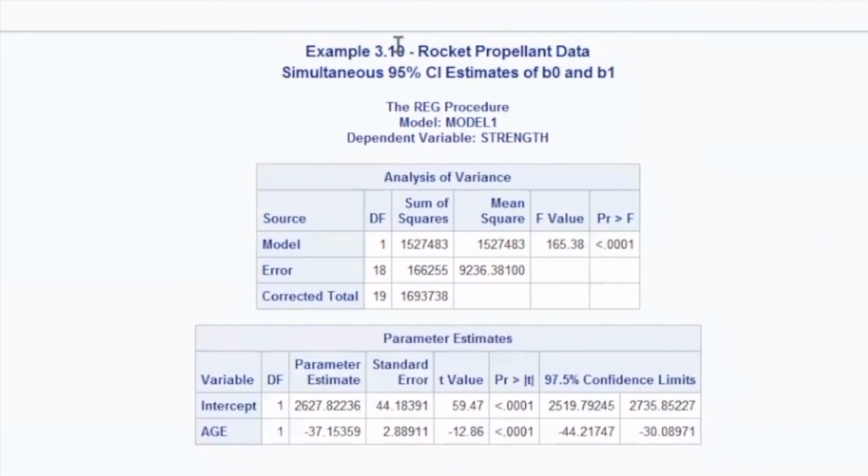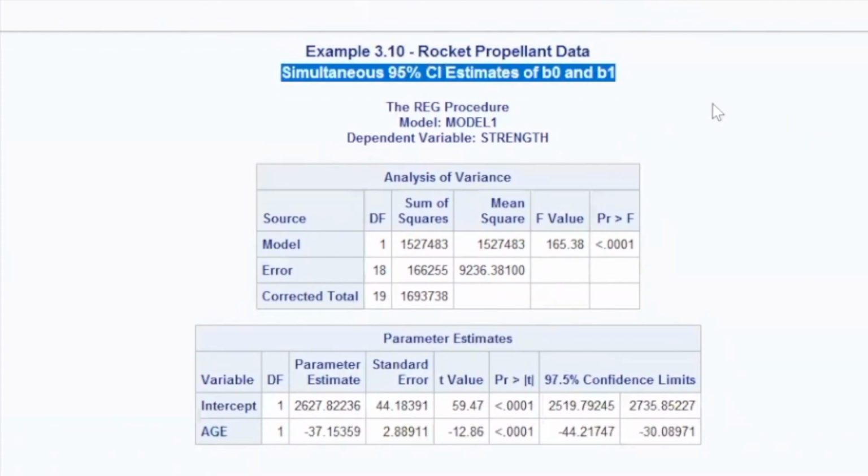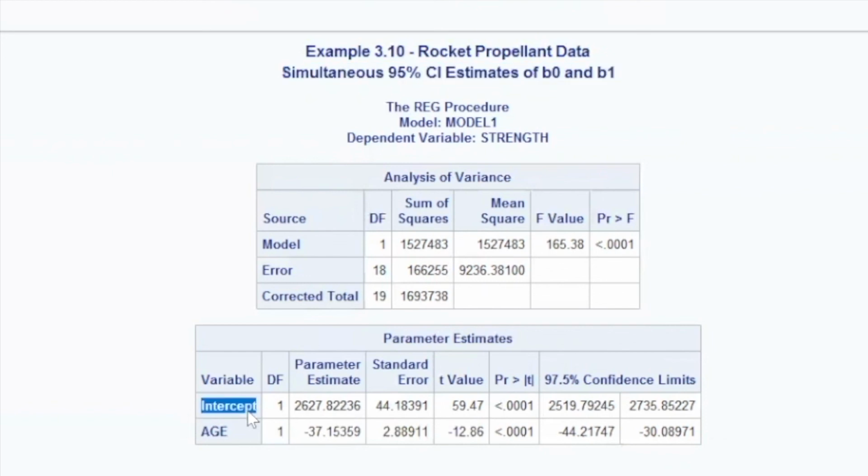All right, for the simultaneous 95% confidence interval estimates of beta 0 and beta 1, we would need to construct individual 97.5% confidence intervals. And so individually, we would say that we're 97.5% confident that beta 0 is somewhere between 2519.79245 and 2735.85227.